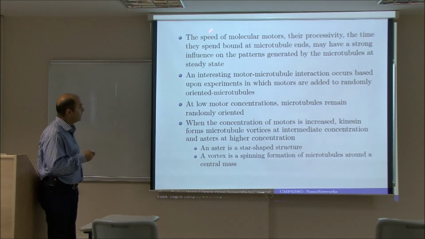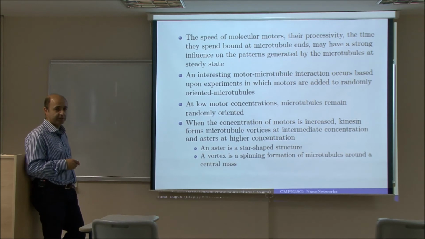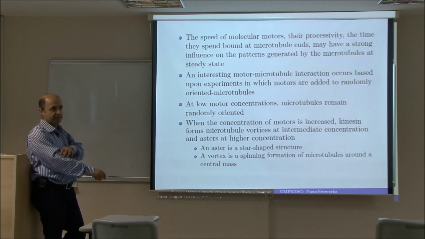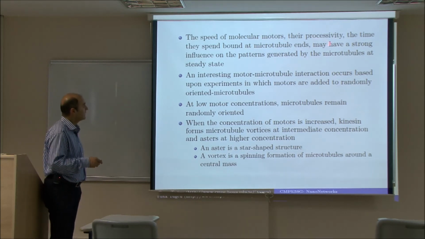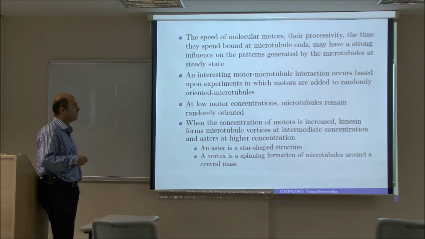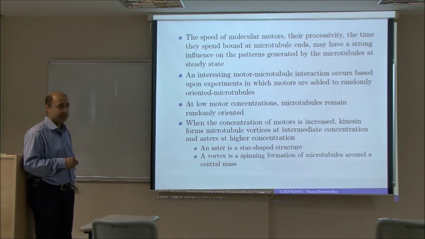The speed of the molecular motors, their processivity. Do you remember what processivity is? Once it attaches to the rail, how long can it remain on the rail? That was the processivity. So that's the time spent bound at the microtubule ends. These may have a strong influence on the patterns generated by the microtubules at steady state.